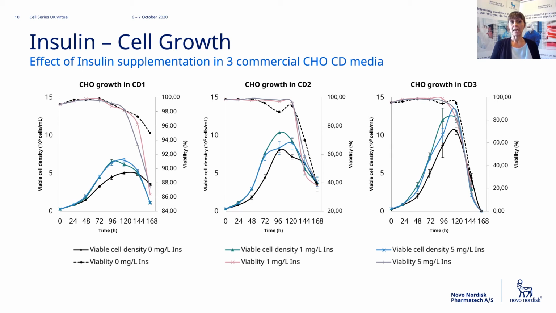And already after 48 hours of culture, a significant improvement in cell growth was achieved with the addition of insulin. And in all 3 CD media, differences in cell growth peak at around 120 hours were observed before a viable cell density drop, and this is due to the saturated culture conditions.